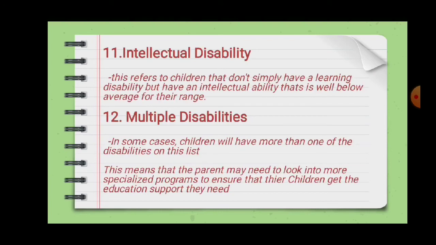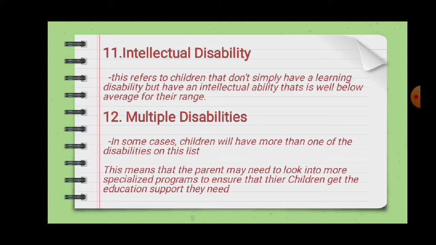Number 11, intellectual disability. This refers to children that don't simply have a learning disability but have an intellectual ability that is well below average for their range. Number 12, multiple disability. In some cases, children will have more than one of the disabilities on this list.